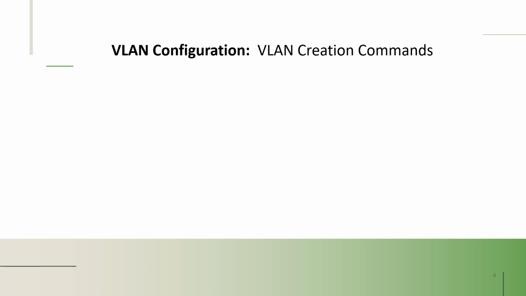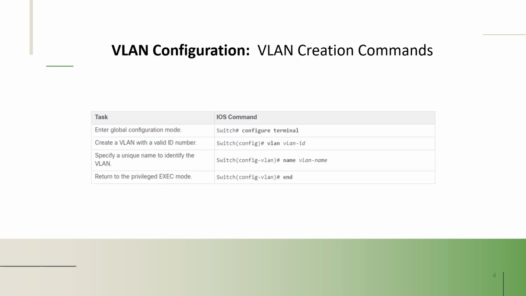Here is displayed the command syntax used to add a VLAN to a switch and give this VLAN a name. Naming each VLAN is very important, and it is considered a best practice in switch configuration. So in case you need to configure a VLAN, you have to enter global configuration mode.